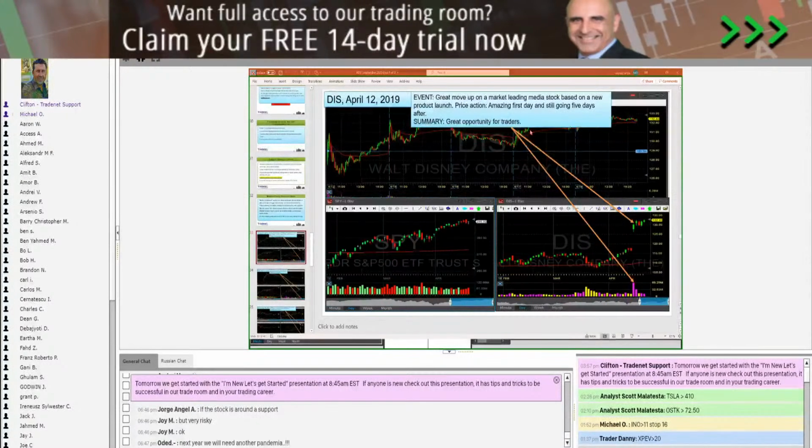First day up and still going 5 days later, fine. If you're in the trade the first day, good for you. If you're not, there are still leftovers. Some of the time there are leftovers for more continuation.